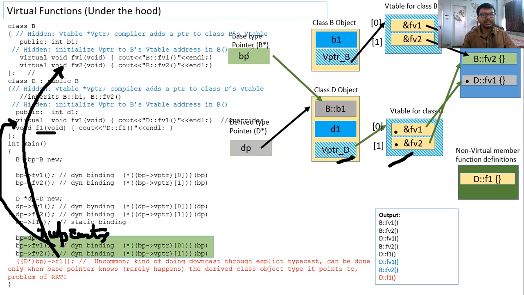So if you write bp arrow f1, definitely it will give an error message. But as we found, sometimes in C++ we can make explicit type casting.